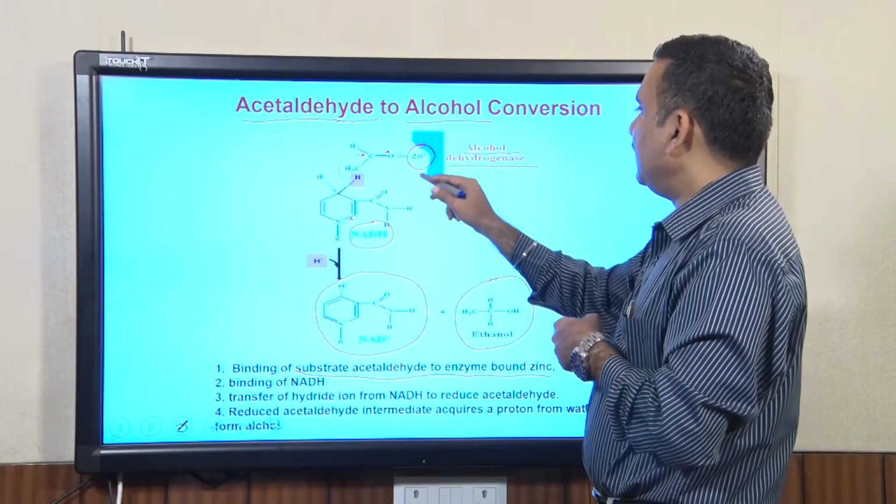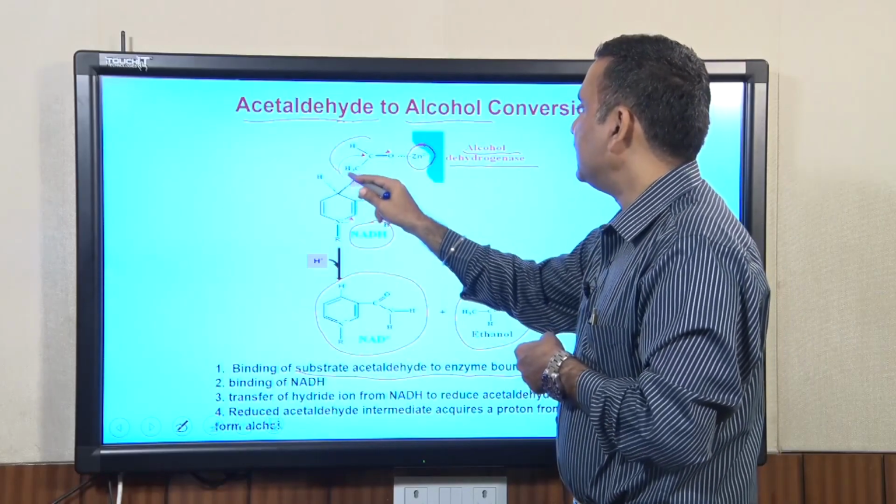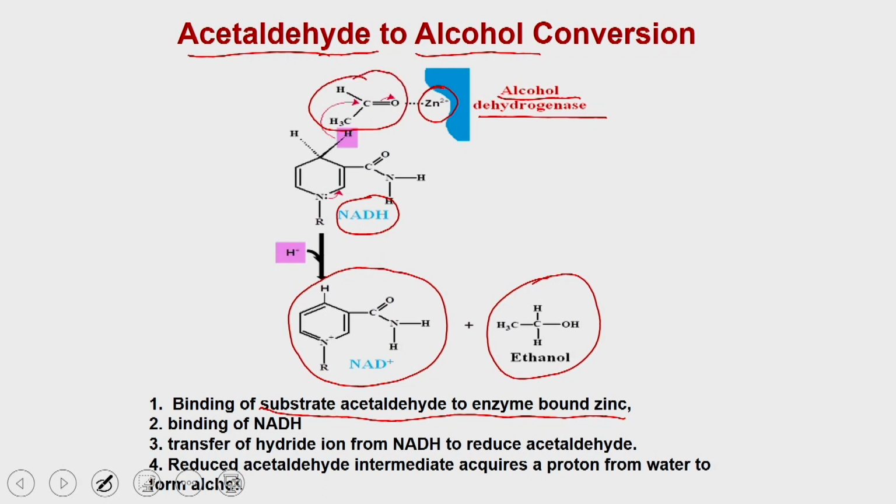In the first step, the active site zinc is binding the acetaldehyde and is also binding the NADH, and then there is a transfer of hydride ion from the NADH to the acetaldehyde, and that generates an intermediate, and then this intermediate is taking up the proton from the water, and with the transfer of proton it generates the alcohol as well as the NAD plus.